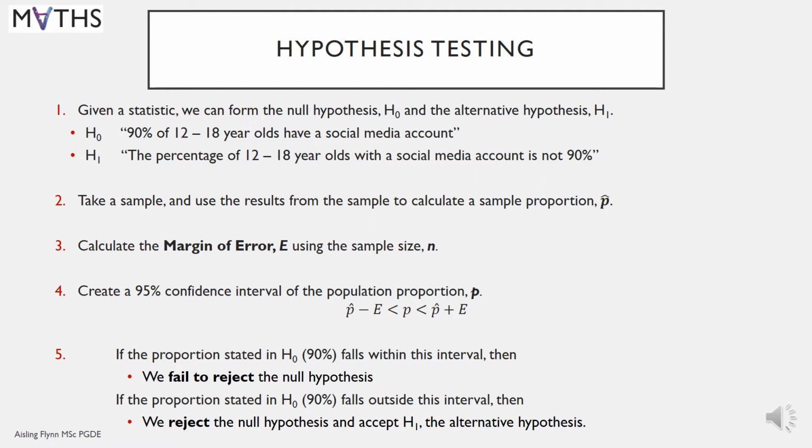Notice that we can never accept the null hypothesis completely because we can never be 100% sure. Our confidence interval is only at 95% confidence. So the language used instead is we fail to reject the null hypothesis.